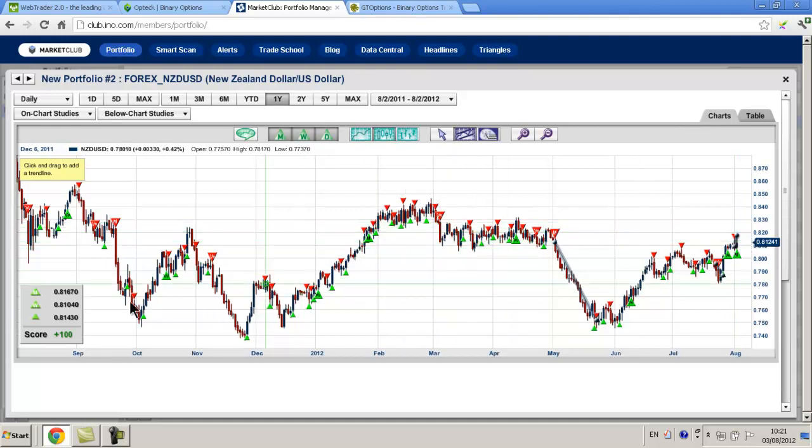If we follow this back a little bit, oh, there's another monthly come up there. So you would have got into the market somewhere there and out on a green. A daily in the same direction as that monthly, which is also a weekly, out of the market. Then you would have stayed out of this trade, and we catch a weekly here, which is going in the same direction as the monthly.